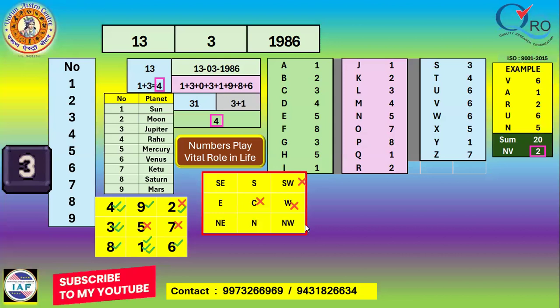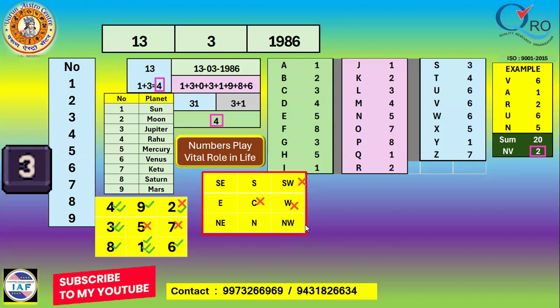Simultaneously, this number is missing about Mercury, the quality of Mercury, basically problems in communication, family life, marriage life disturbed, and creativity.